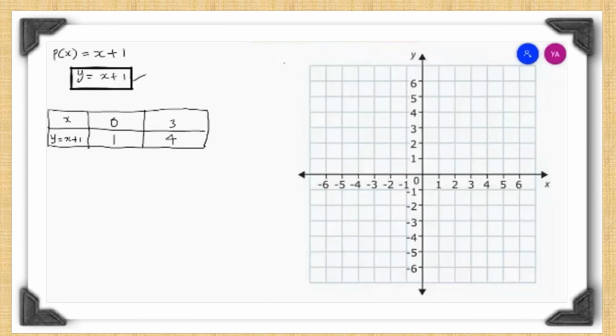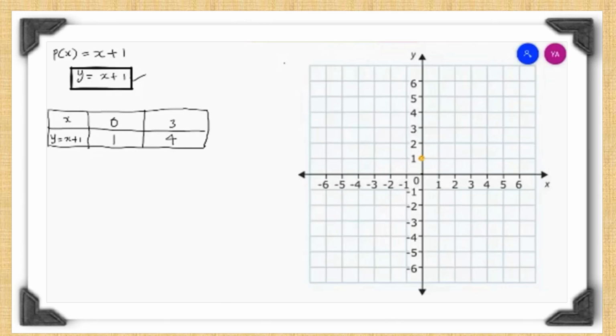If x is equal to 0, y should be 1. So on the x-axis, suppose we take 0. The corresponding y value will be 1. So (0, 1) is a point on the graph. You can mark it here.